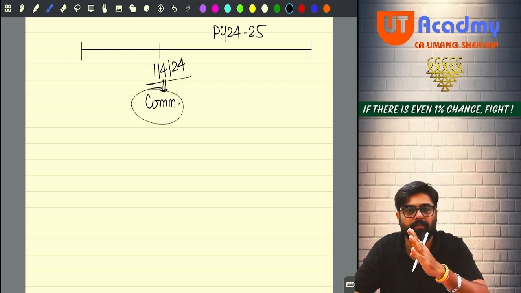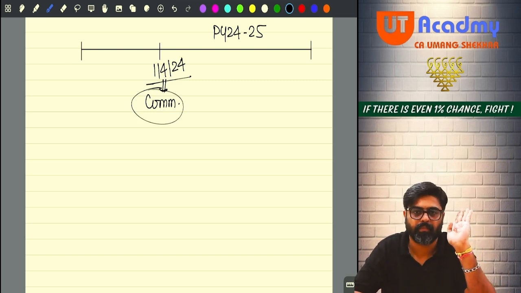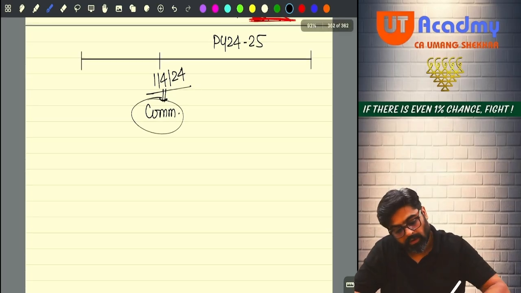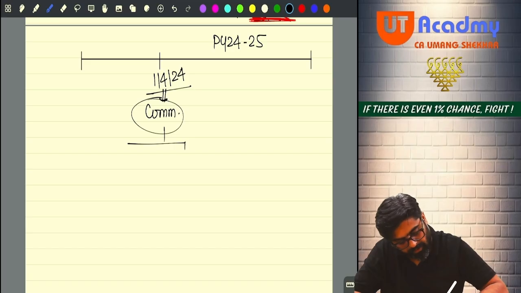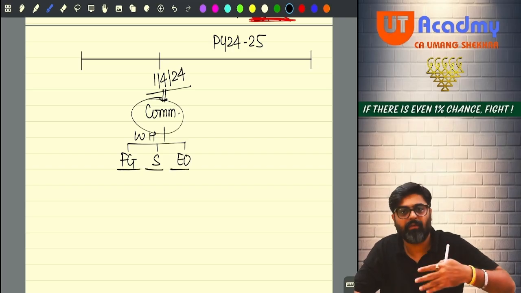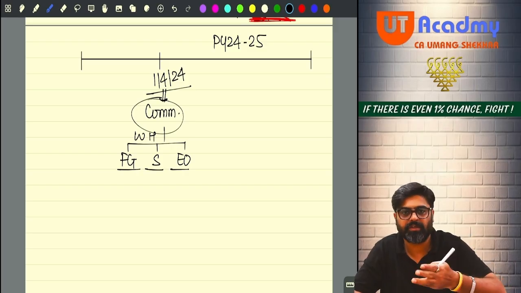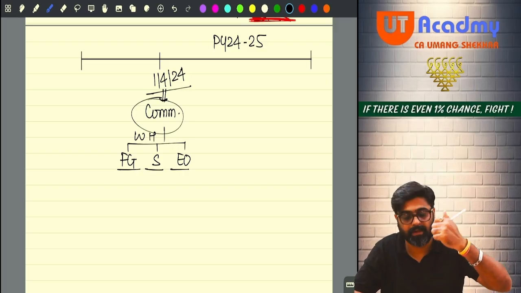So business commencement is in my previous year. Now, out of these 3 businesses whose operations I have commenced, warehousing of food grain, sugar, as well as edible oil, I have incurred some capital expenditures.